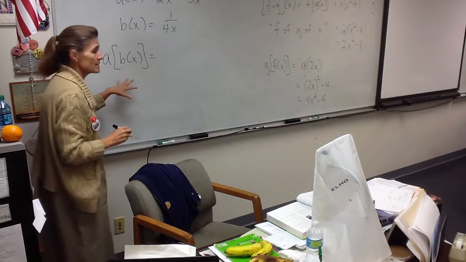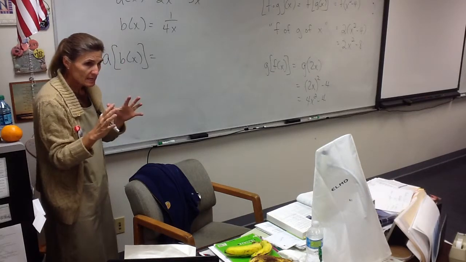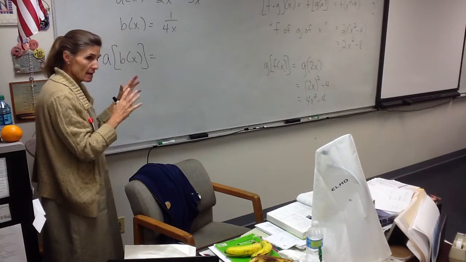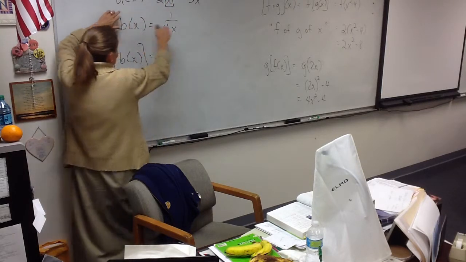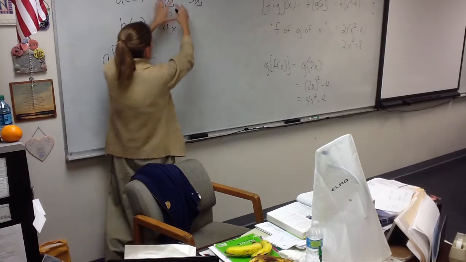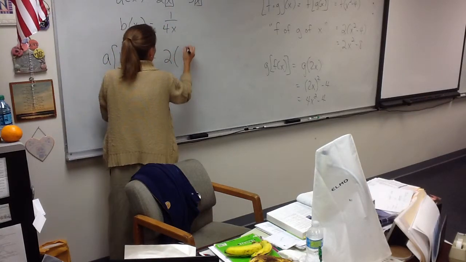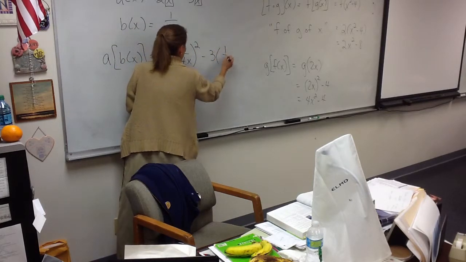Okay, now what does that mean in words? What am I supposed to do? Plug b into a. So every time I see an x, I'm going to plug b into it. So that's going to be 2 times 1 over 4x squared minus 3 times 1 over 4x.